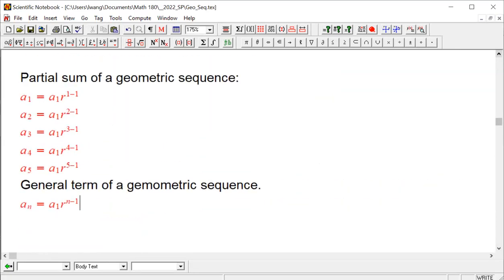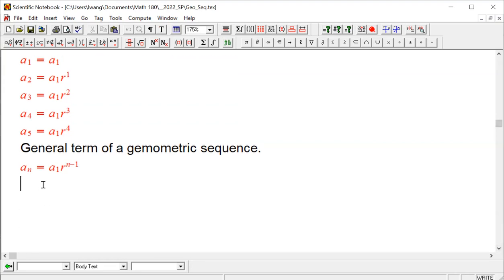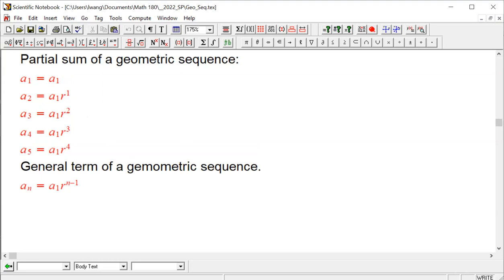Here you go. a1 is a1. a2 is a1 times r to the power of 1, and then the powers 2, 3, and 4. Keep going, we have a pattern. The general term is such. When we consider partial sums, the first partial sum is the sum of the first one term, and of course, that's a sub 1.